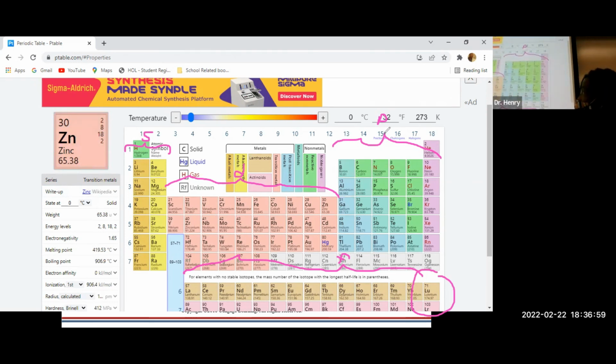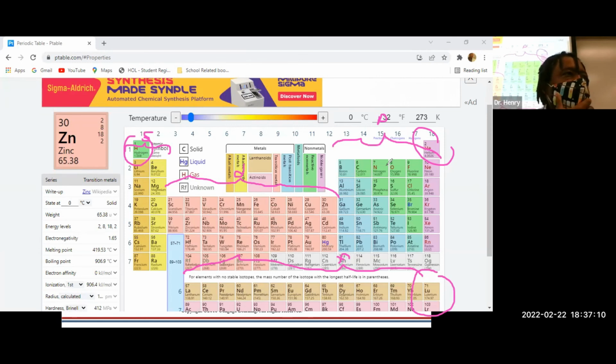So let's start off with hydrogen. Hydrogen has how many electrons? It has one. So when we write the electron configuration for hydrogen, we put the element, and you use the principal quantum number, which is that period. So that'll be 1.